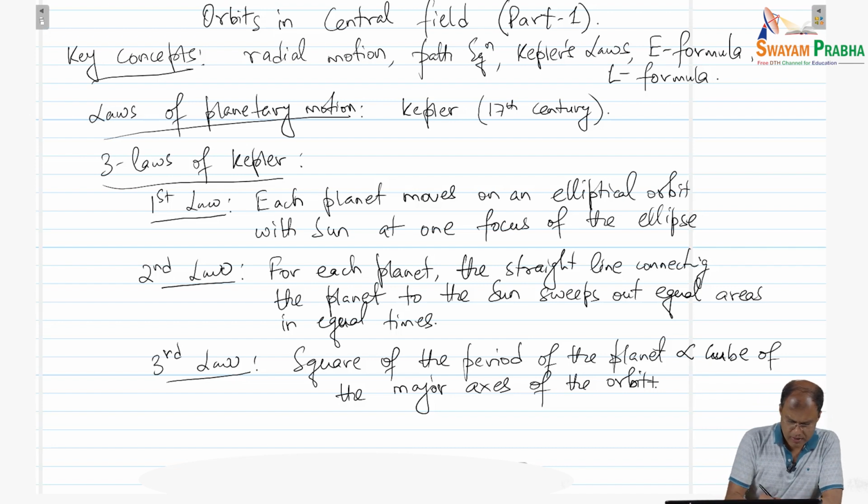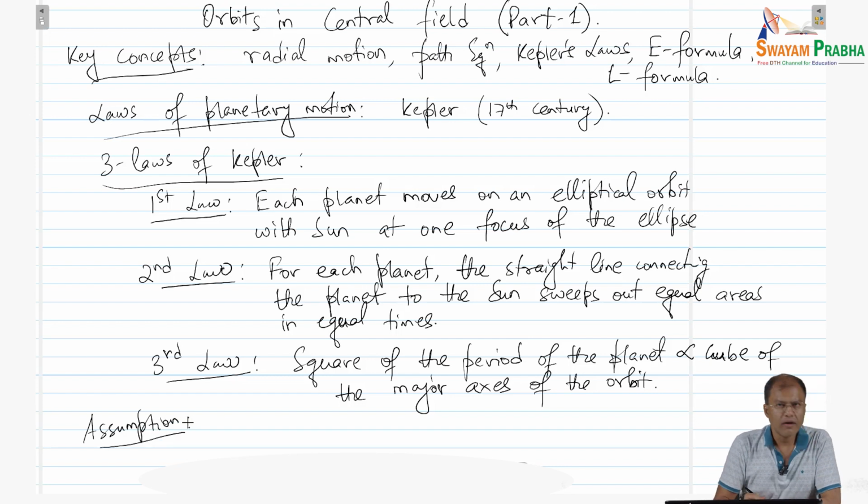Okay, so just now what I said, there is a bit of a correction. The mass of the sun is not 50 times but 5,000 times the mass of all the planets combined.